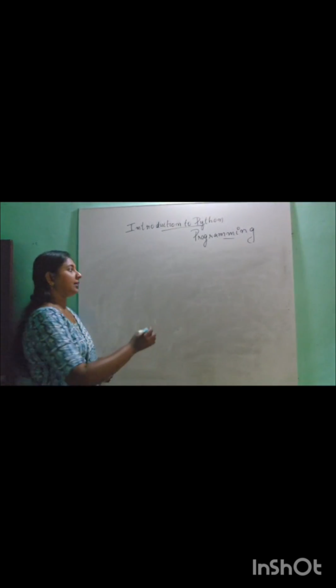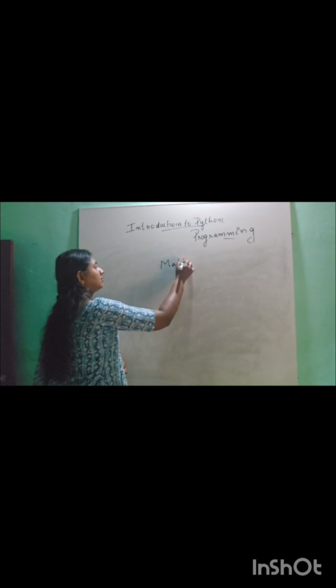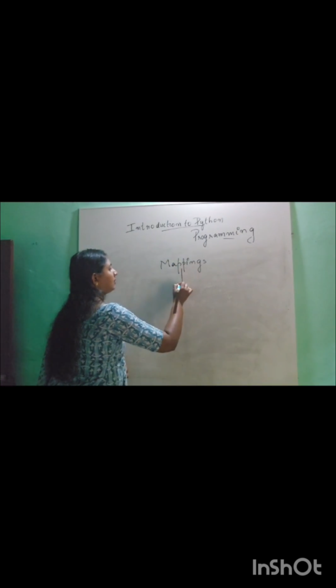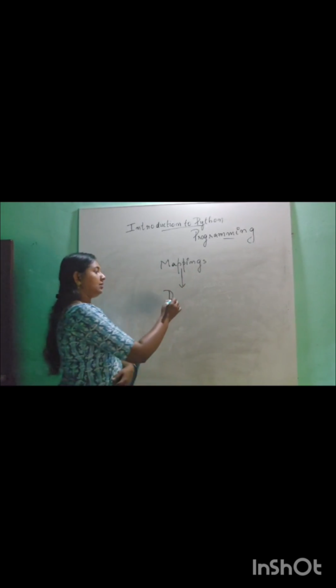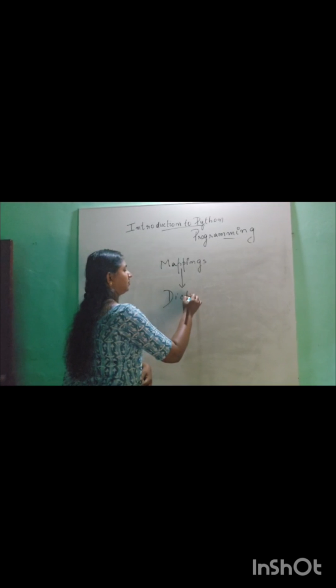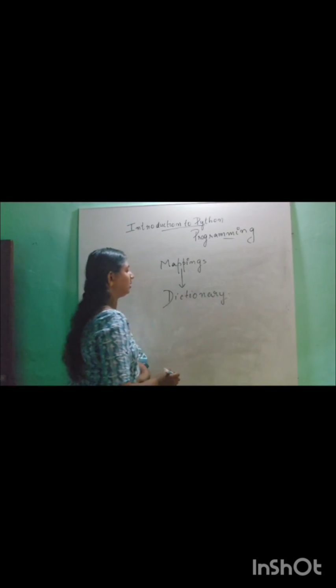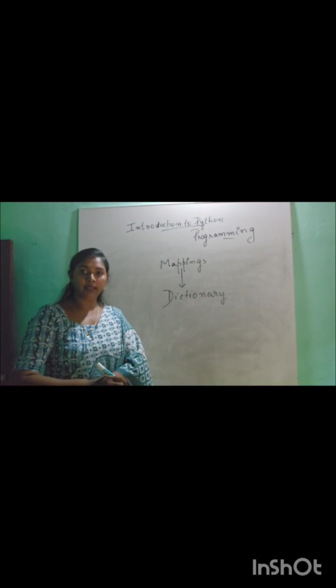The next data type in Python is the mapping data type. The data type which comes under mappings is the dictionary. Dictionary is one of the unique data types in Python.